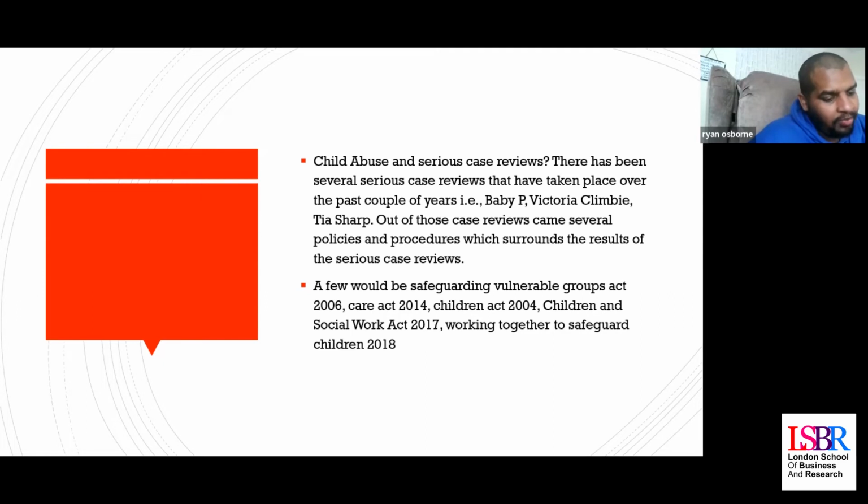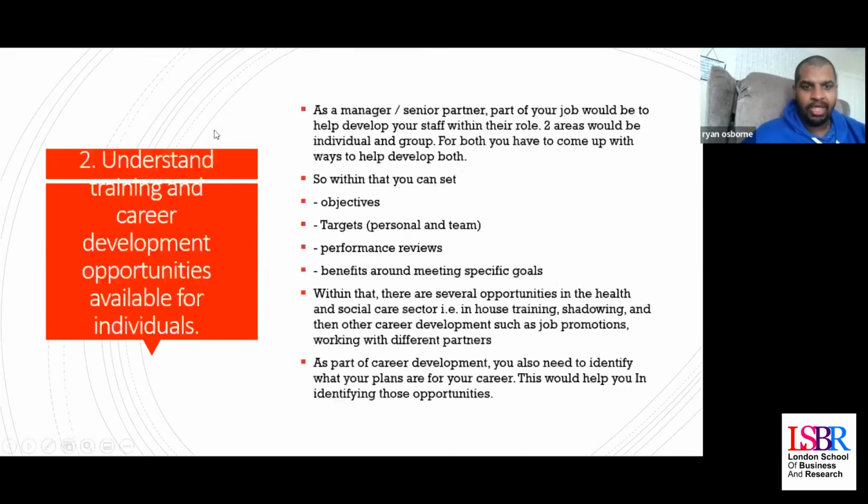So if we now move on, we're going to look at another aspect of health and social care and what would be available. Let's look at the next section. We're going to be looking at career development opportunities for individuals, and training as well.